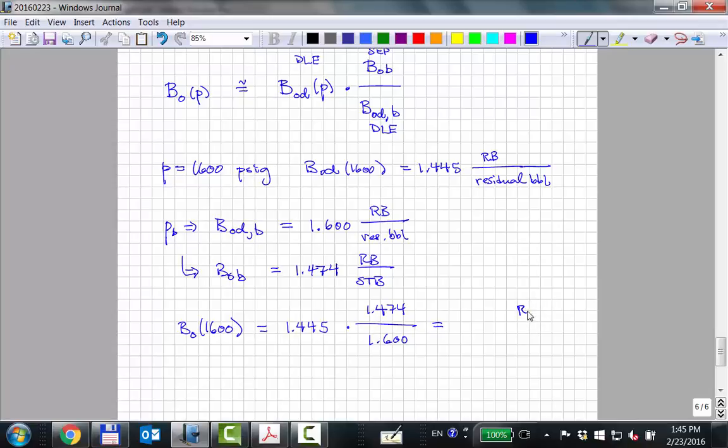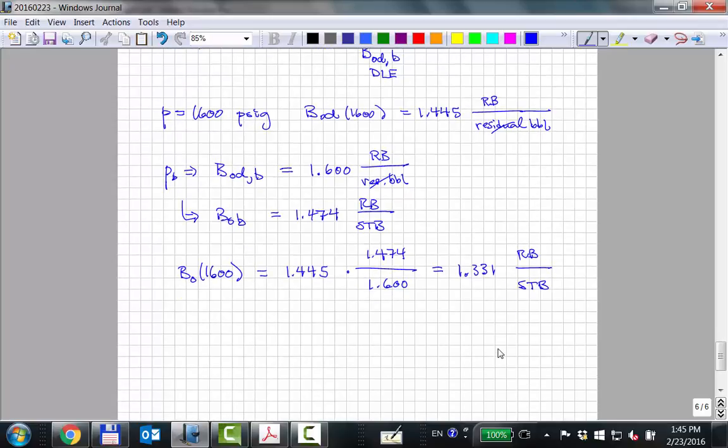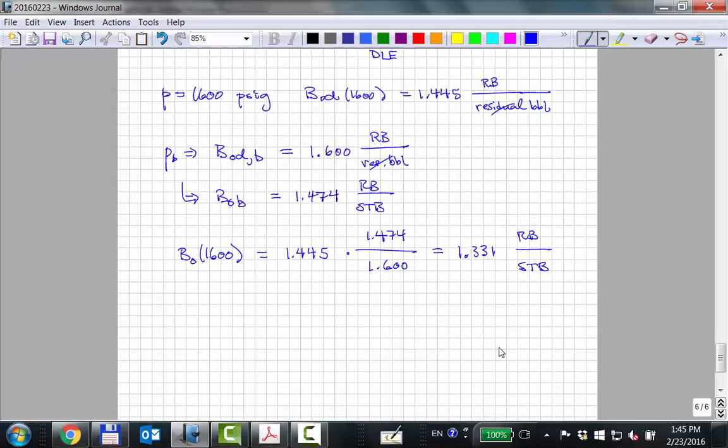And that's in reservoir barrels per stock tank barrel, if you cancel units, because the residual barrel here will cancel the residual barrel there. That gives 1.33, and since we have three digits to the right of the 1, we can probably take one more. Okay.